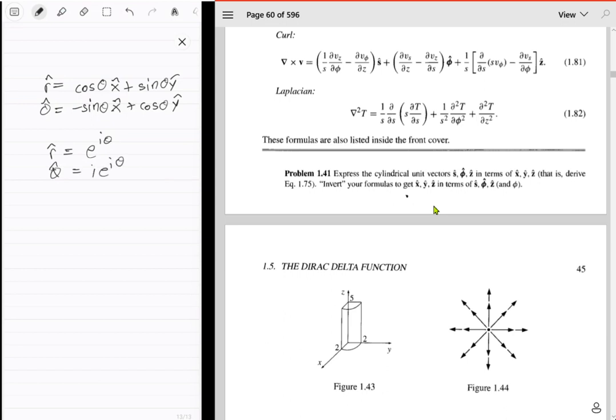Okay. Now you want to get x hat and y hat somehow, right? So how do we get that? Wait a second. Think about it. I think, okay, what do you want, like 1 on one side?